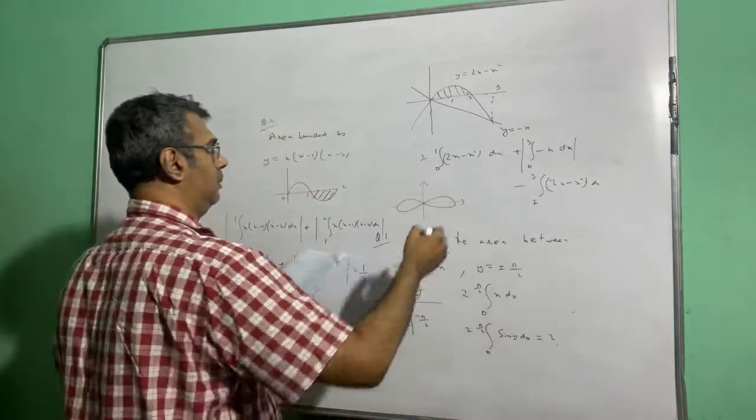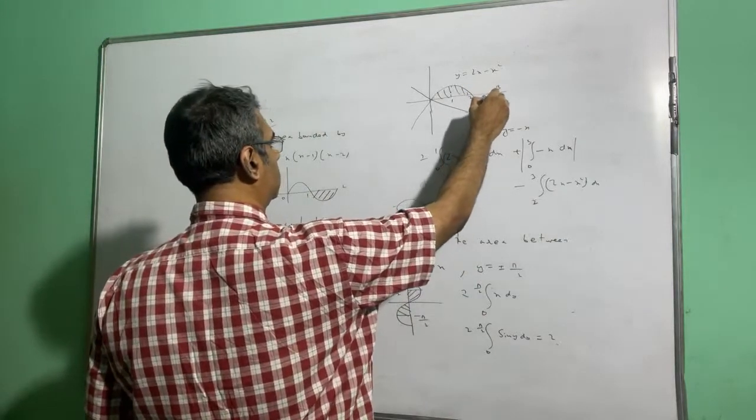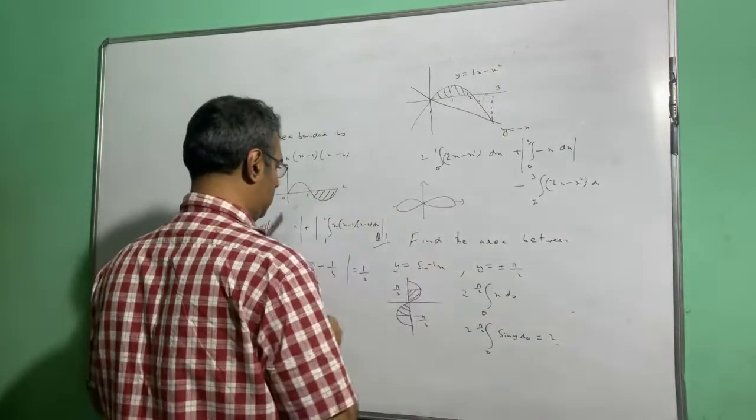So parabola from 2 to 3 means this one. So this plus this minus this.